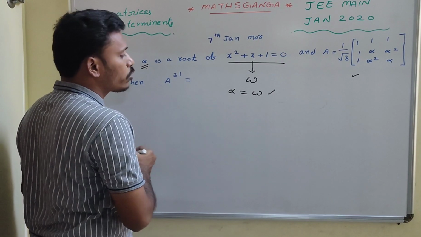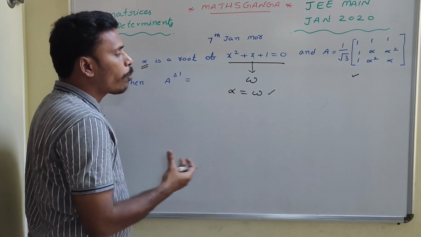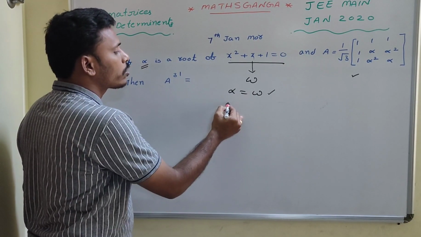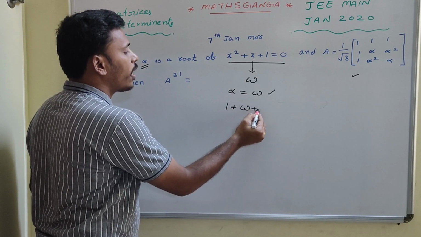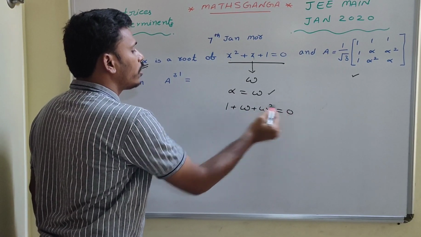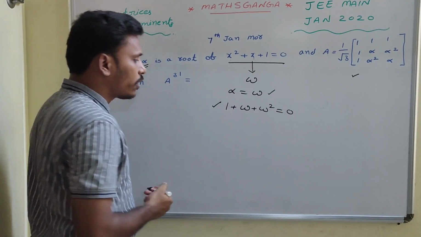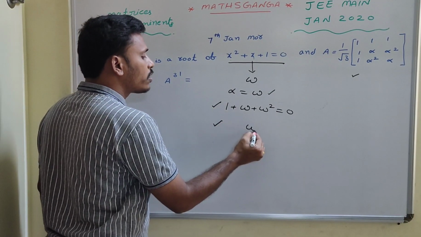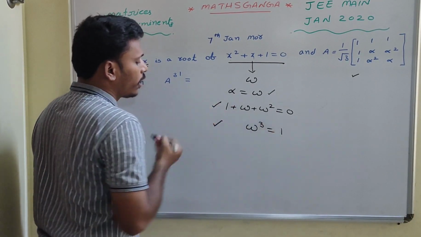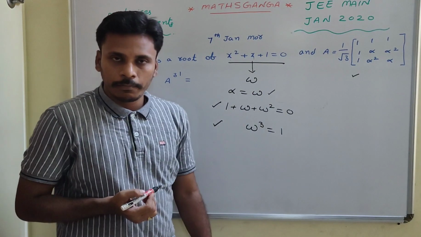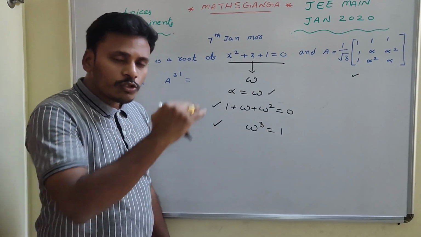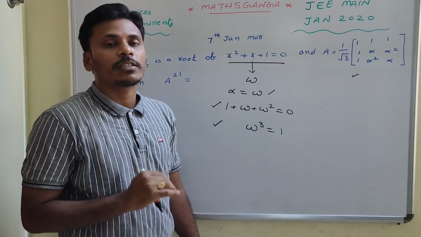Since alpha equals omega, we know different properties related to omega. One property is 1 plus omega plus omega square equals 0, and the other useful thing is omega cube equals 1. First of all, you need to make a plan for the problem.